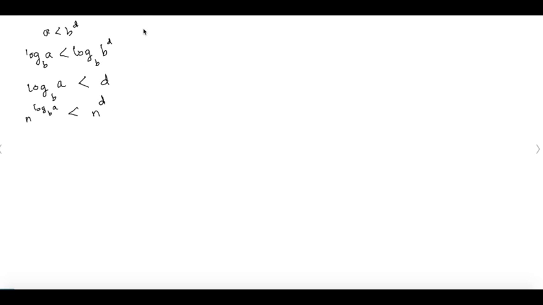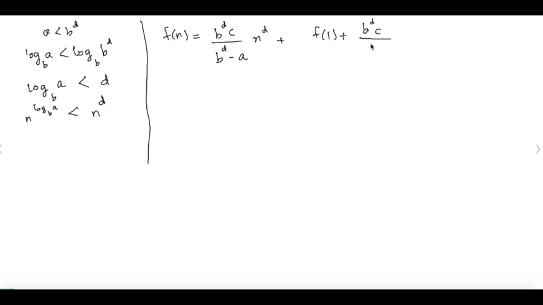Now remember, what is our form? Our form is f(n) equal to some constant, b^d c over b^d minus a, times n^d, plus another constant, which is f(1) plus b^d c over a minus b^d, times n to the log_b a. Now when a is less than b^d, this dominates.